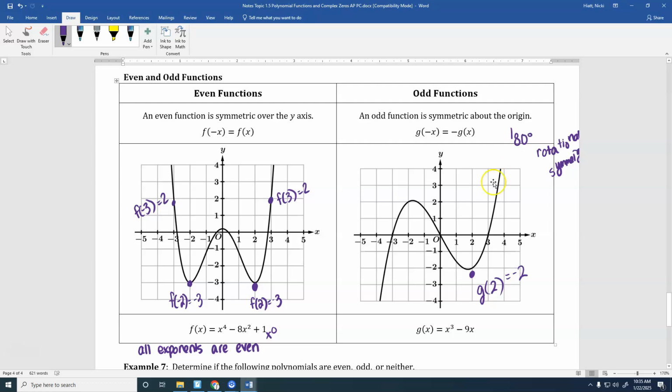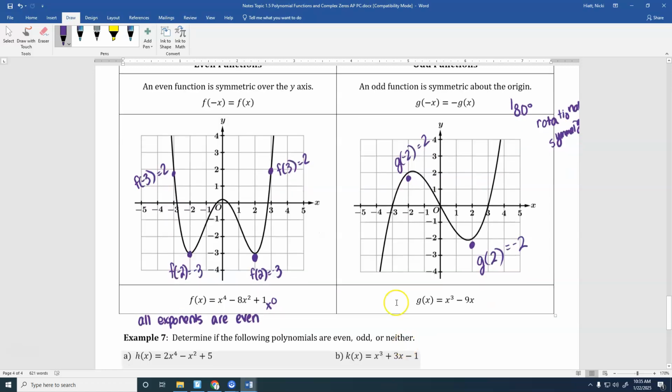It's supposed to be this point right here. g of 2 is negative 2. Well, if I do g of negative 2, I will get positive 2. So they have opposite signs. When you plug in the positive and negative of the same x value, you'll get opposite signs.